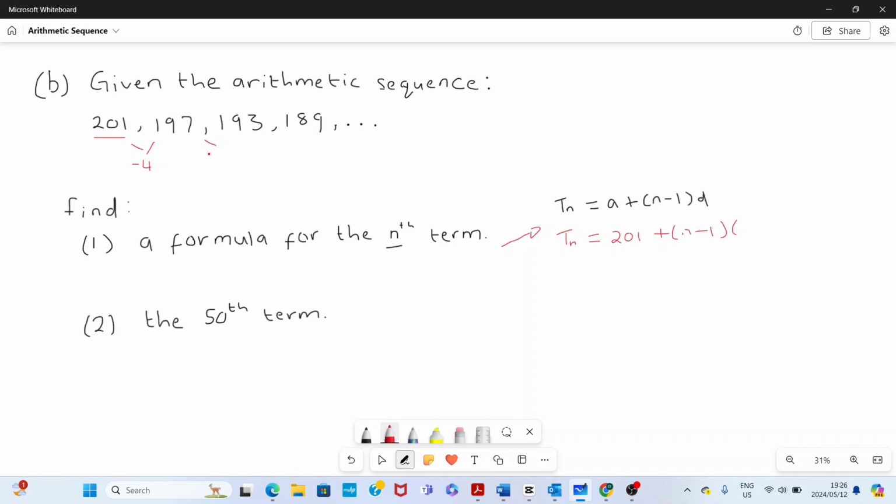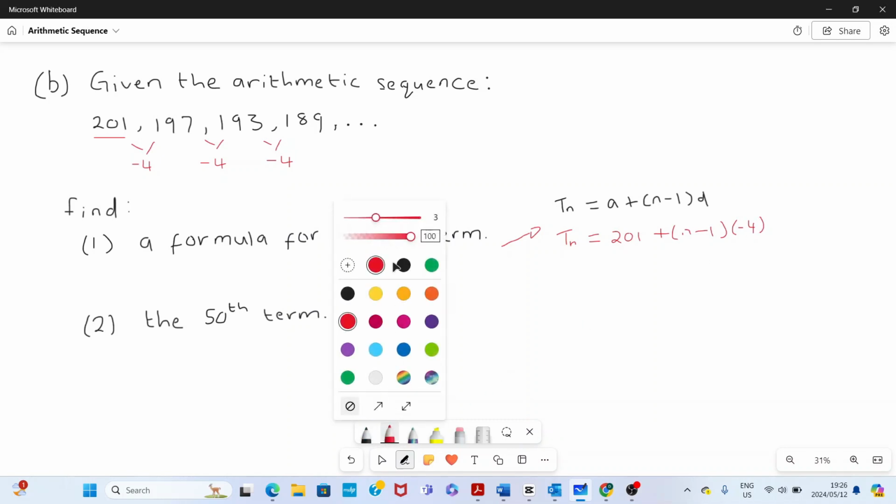And the difference here is also negative 4. And the difference between 189 and 193 is also negative 4. So we have a constant difference of negative 4, which means our D is negative 4.